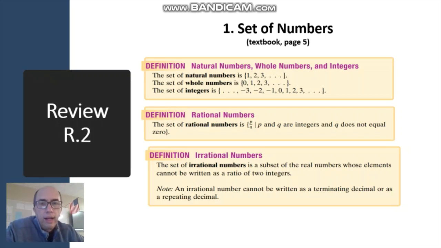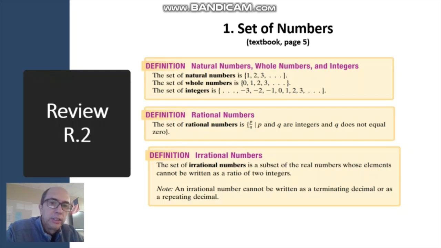All right, years later, they created the notion of negative and positive numbers. Natural numbers and whole numbers didn't have any kind of sign. And then we now have the integers.